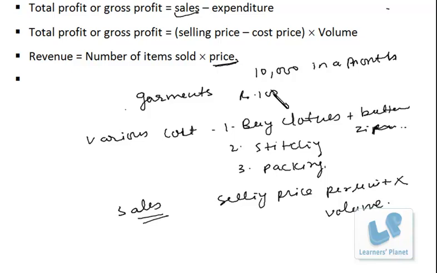Then what is the revenue, or we can say sales? That is 10,000 into 100, so it's 10 lakh rupees. So that is the sales, or we can say revenue, right?